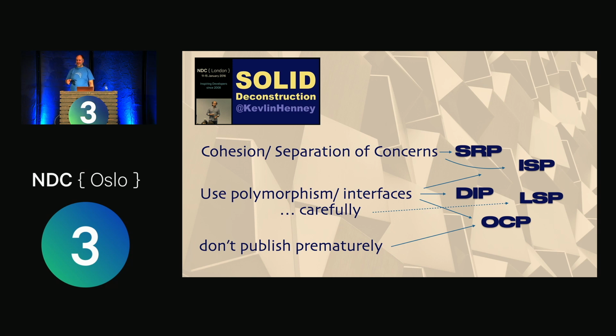I'm not sure it really qualifies as a central principle that we should be following. So really it just boils down to those two things: cohesion with polymorphism. You can summarize the whole of the SOLID principles as being about that. So that really summarizes Kevlin's talk. There's a lot more to it and lots of extra bits of history and insight, so it's definitely well worth watching, but this is my main takeaway.